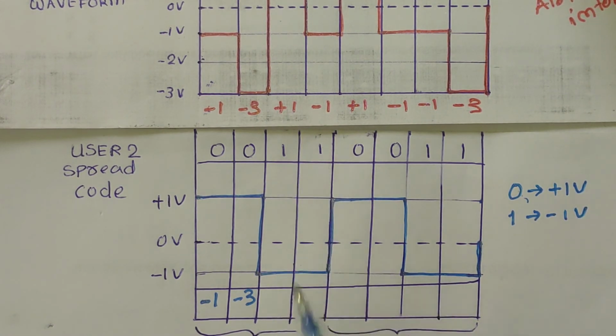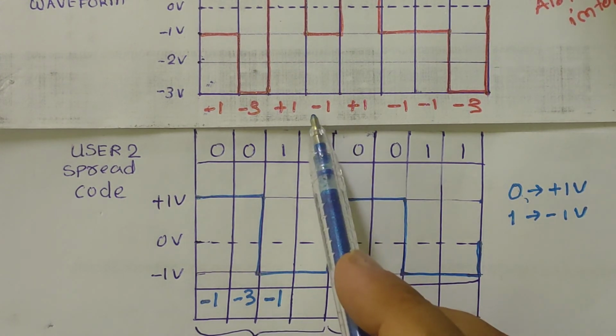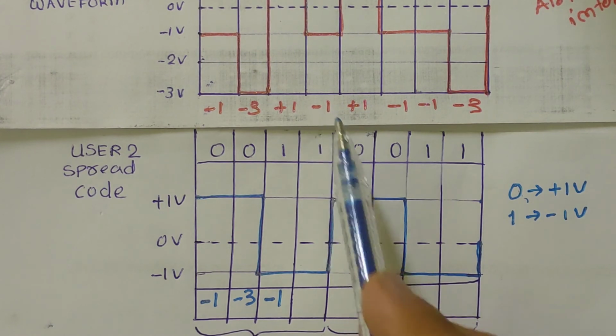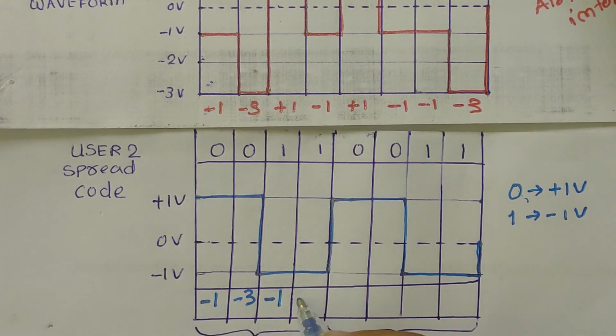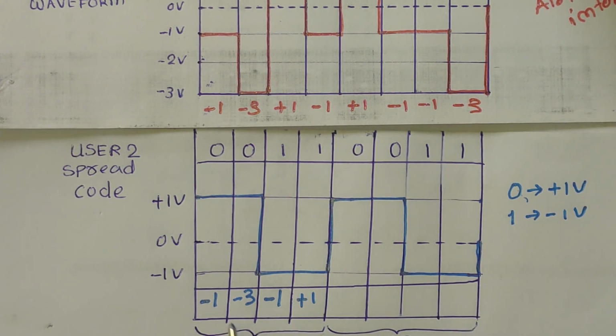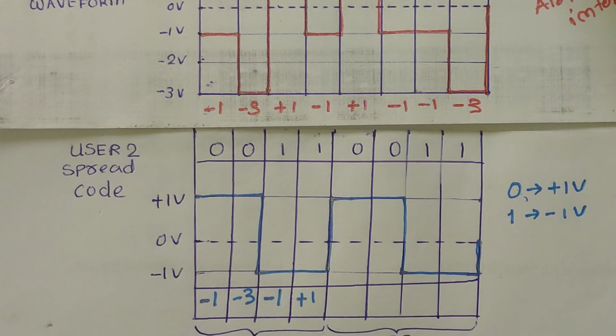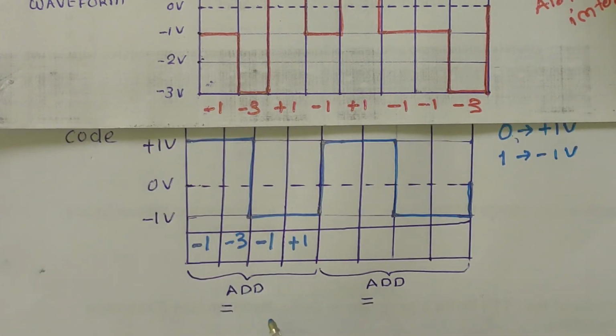Plus 1 multiplied by minus 1 will give me minus 1, and at the end you multiply minus 1 with minus 1, that is going to be plus 1, right? And then if you add all this up, it comes to minus 1, minus 3, minus 4, then minus 5 plus 1, that is going to be minus 4 overall, right?